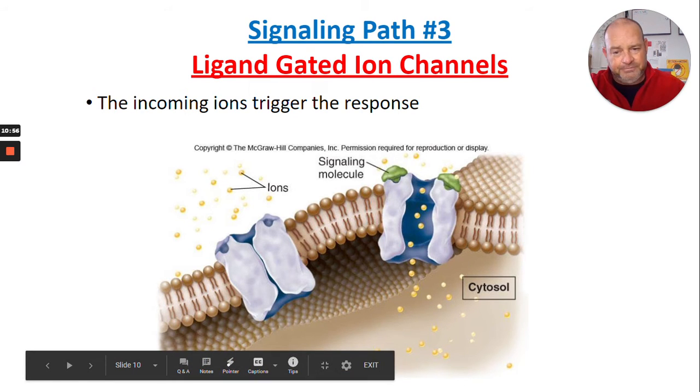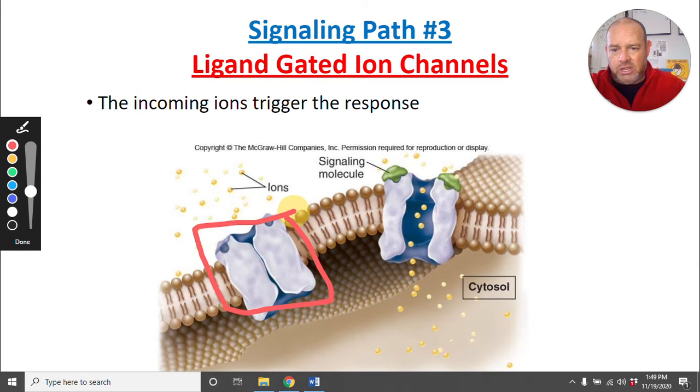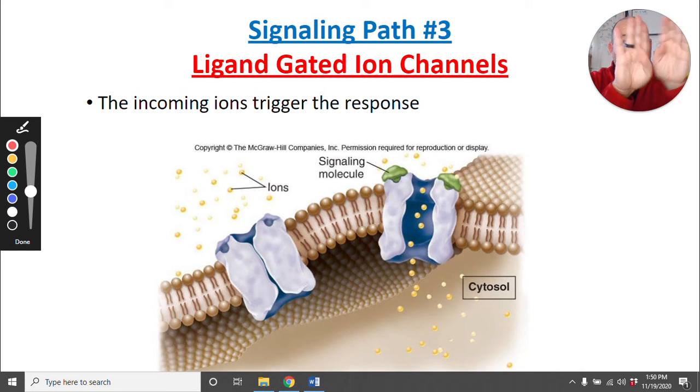So in this case, you have a ligand-gated ion channel right here, which are these two big proteins that are sitting right here in the membrane, and they have little active sites right here. And when they're empty, then the gate stays shut, and it stays closed off like that, and so nothing's going to get through. But look at this molecule right here.